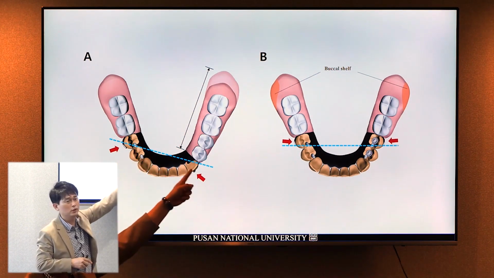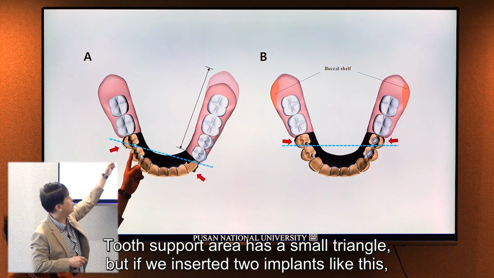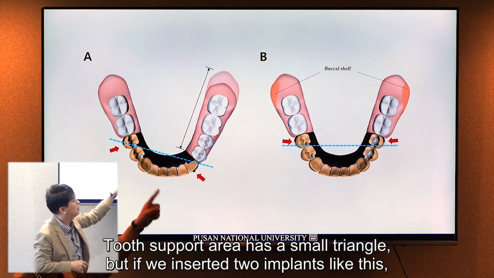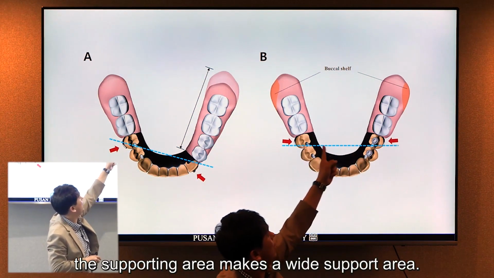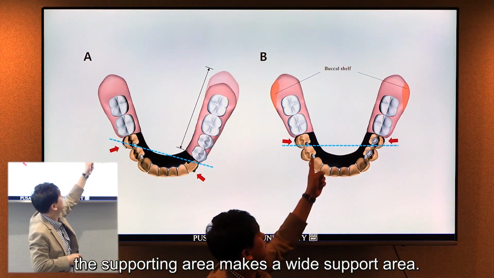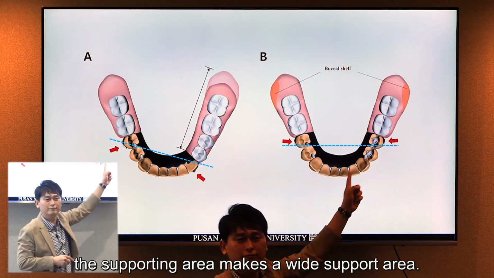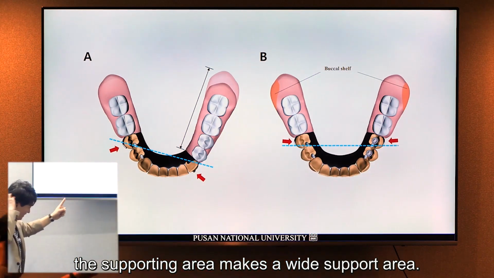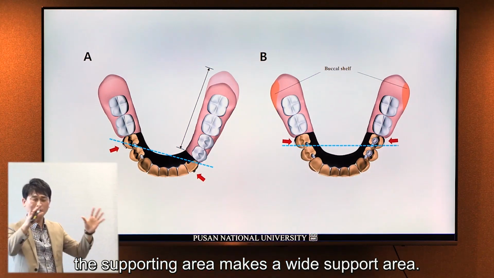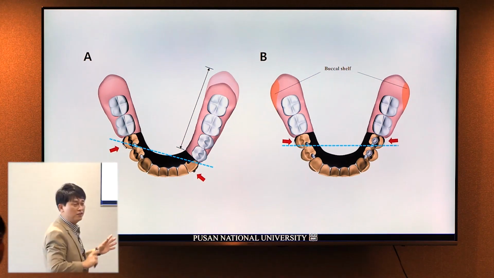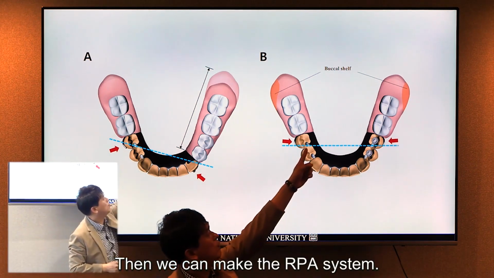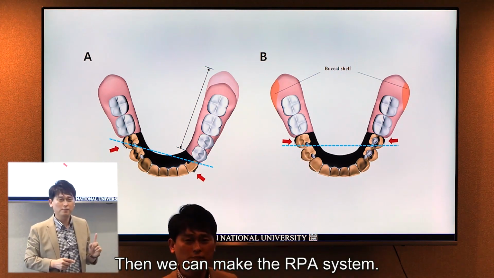The tooth support area is a small triangle, but if we insert 2 implants like this, the supporting area makes a quadrangle. Anyway, with the wide support area, we can make the RPA system.